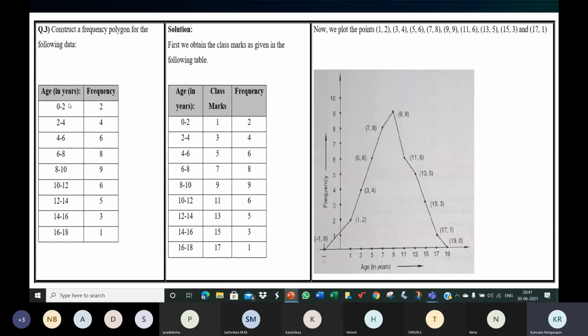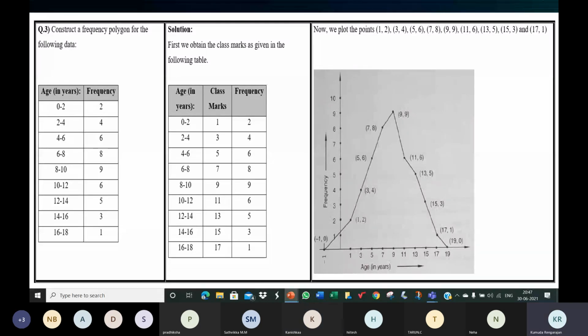Children, tell me the class interval which will come before 0 to 2. Tell me the imaginary class interval before 0 to 2. Minus 1, 0?